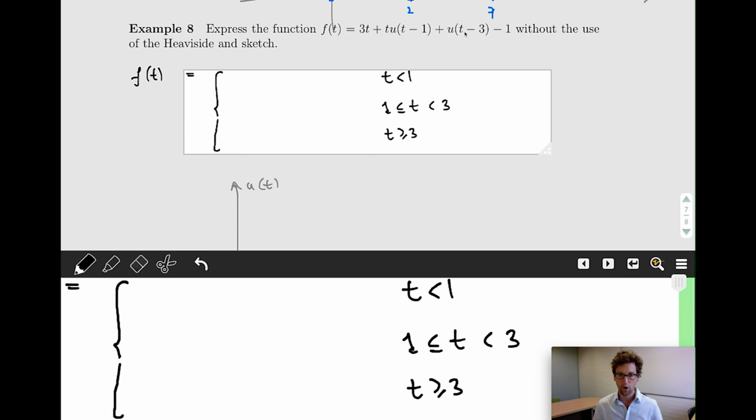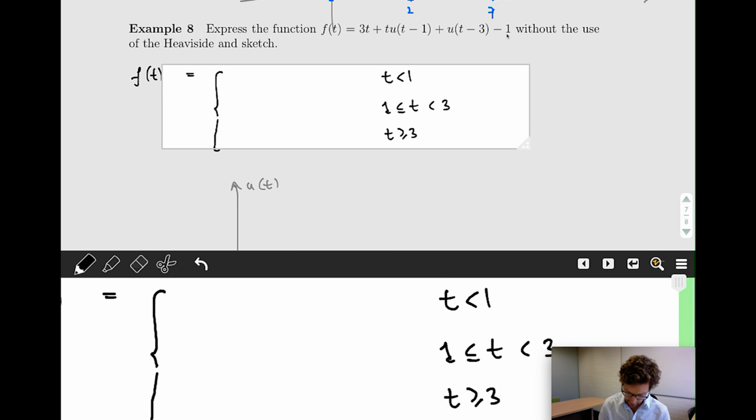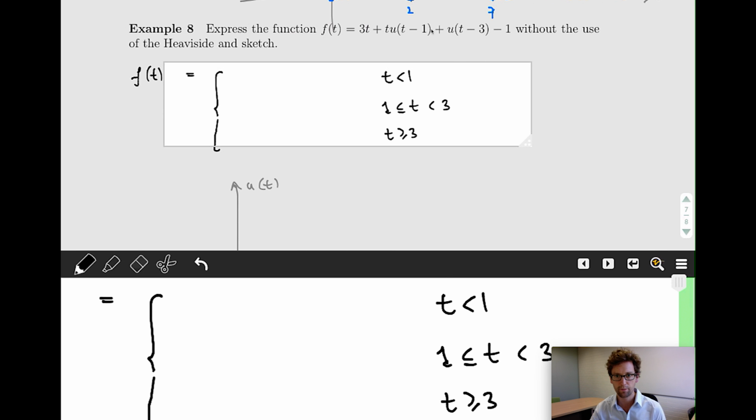And then we're thinking about which parts of this function get switched on at different stages. So you can see that this piece here, 3t, and this piece here, minus 1, those are always going to be there, no matter what. So even when I don't have this piece switched on or this piece switched on, when t is less than 1, these two pieces are still going to be there. So I'm going to have 3t minus 1.